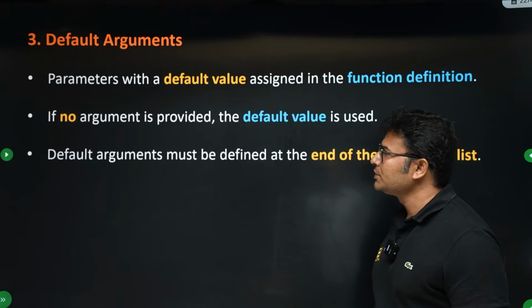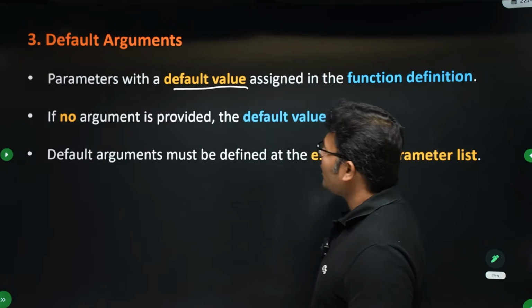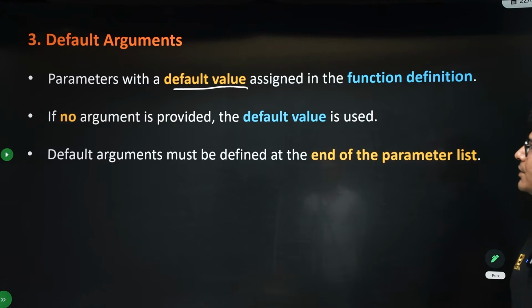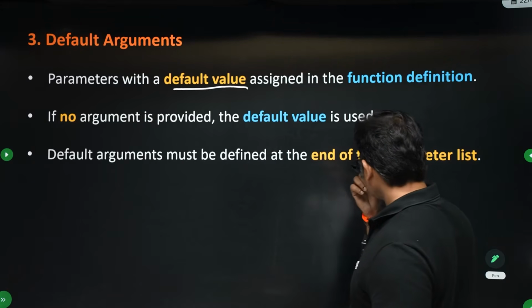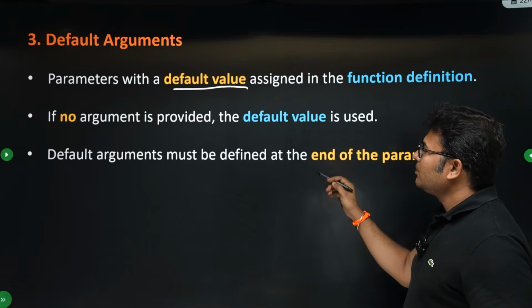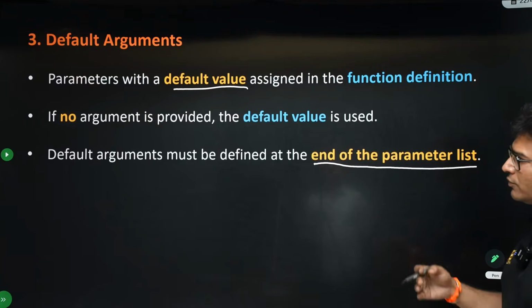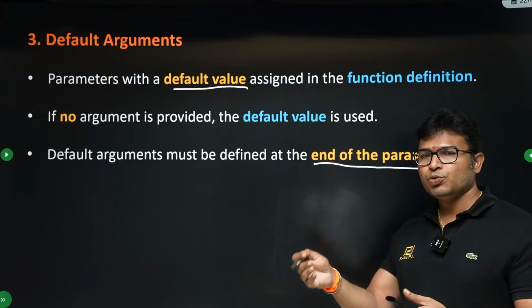Default values means some of the parameters can be given a default value and you don't have to pass that value. If you don't pass anything, it will take the default value, right? And default arguments must be at the end of the parameter list. When you have a lot of parameters and you are having default parameters, you put them at the end.